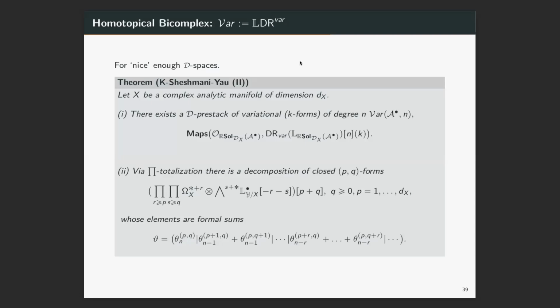Essentially, this space has a filtration. It means it's filtered by subcomplexes. I'm speaking in the derived setting, not this one, because I would have to replace the word complex by bicomplex. So it has this sort of Hodge filtration argument. So it has a sequence of subcomplexes.